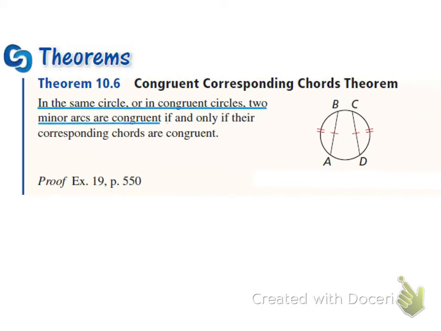In the same circle or in congruent circles, two minor arcs are congruent if and only if their corresponding chords are congruent. So here's what you're going to highlight. In the same circle or congruent circles, arcs are congruent if their chords are congruent.